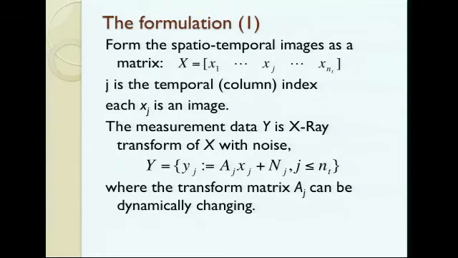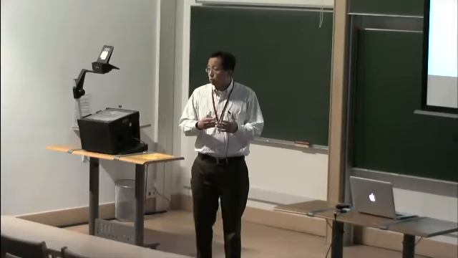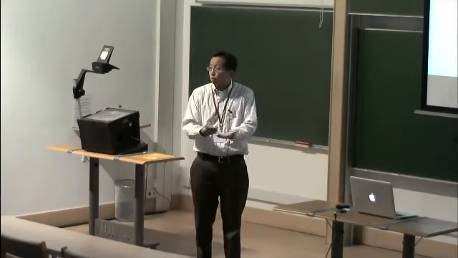Okay, so this is the formulation. This is a big, huge matrix, because each column is 256 by 256 long if you have 256 by 256 images, and this is the time, how many frames you take. This is a large matrix. The coherence is not in the measurement. The coherence is in the underlying ground truth.